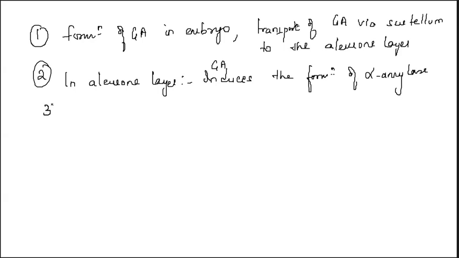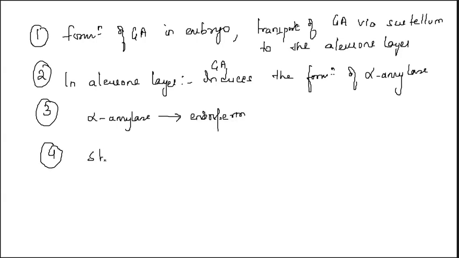So number 3, alpha amylase will come to the endosperm where starch grains are present. And in the endosperm what will it do? Alpha amylase will hydrolyze the starch grains into small molecules.